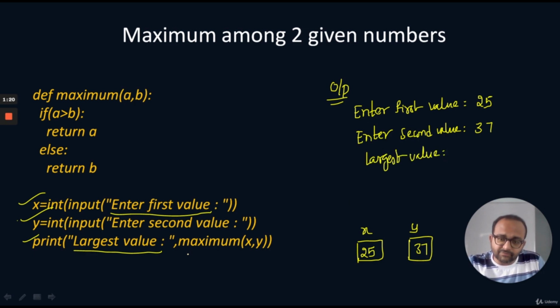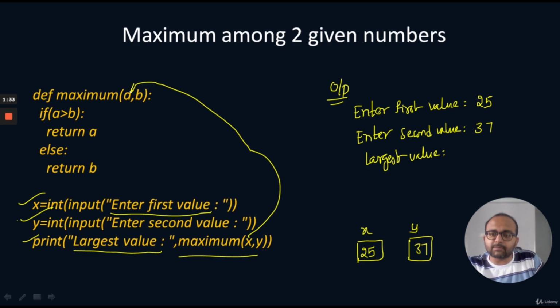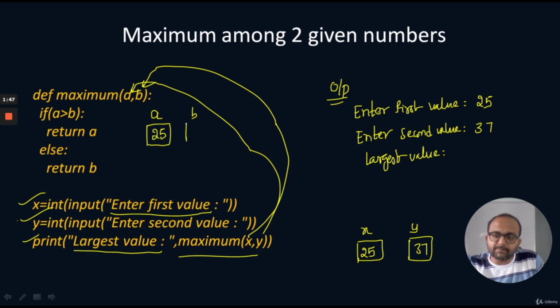And what value will be displayed here? It is calling a function called maximum by passing x and y as parameters. Immediately the value of x will be copied into variable a and the value of y will be copied into variable b. So in this case, variable a will be holding a value of 25, and variable b will be holding a value of 37.